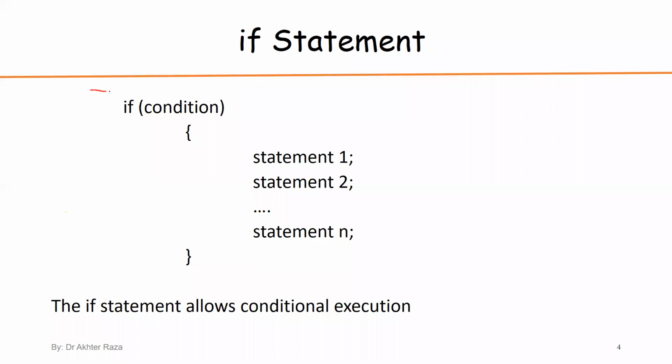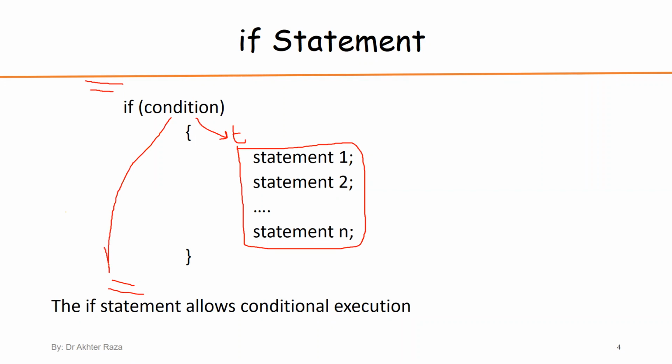So we have outside the if and inside the if. Inside the if is reached when the condition is true. Outside the if is reached when the condition is false, and it jumps to the next line. Line number 1 will be executed, line number 2 will be executed, then the condition is tested.